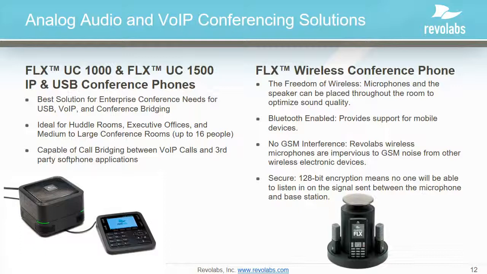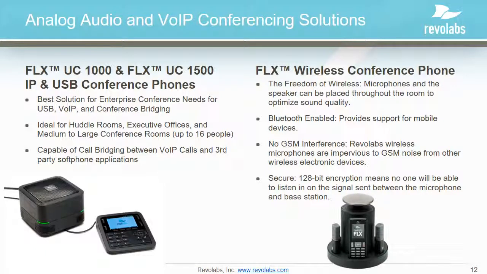So if you and I are having a GoToMeeting like this and we need to incorporate some other call for someone in the office, we can dial them in super easy. This product is good for that 8 to 10 person conference room, and the 1500 is good for up to 16 to 18 people.